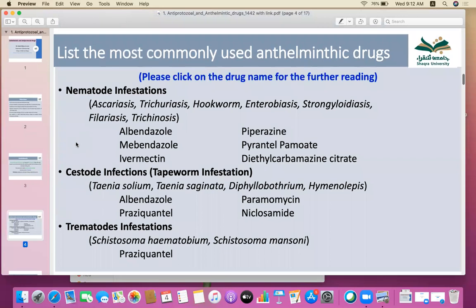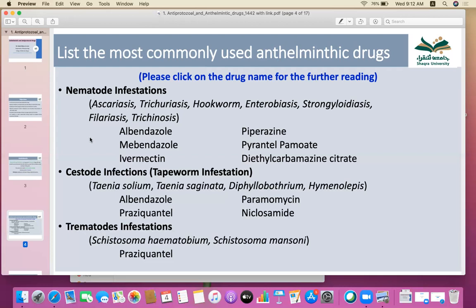As per our objective, list the most commonly used anthelmintic drugs. Here the drugs which are used in the management of nematode infestation, cestode, which is also termed tapeworm infestations, and trematode infestations are listed.